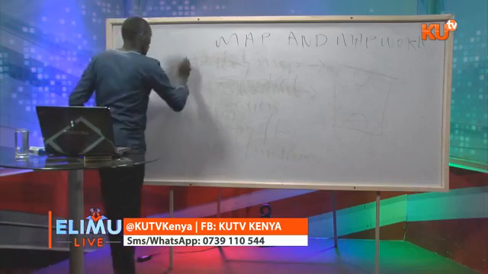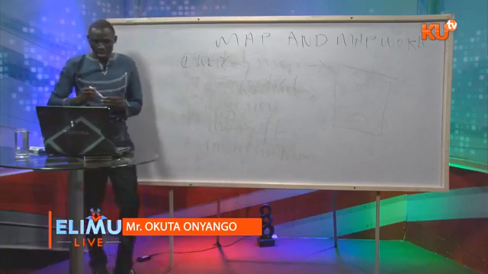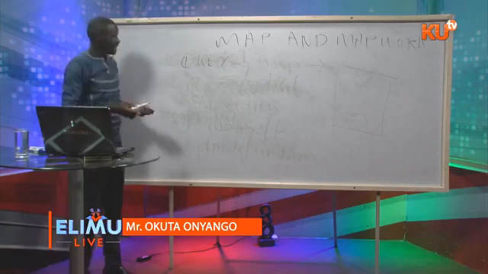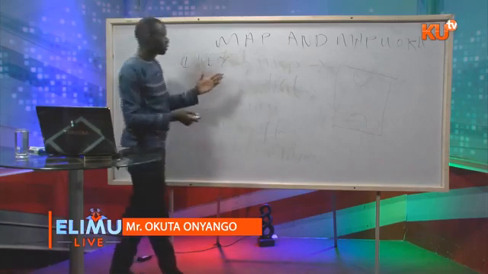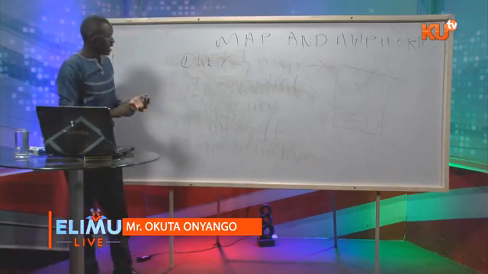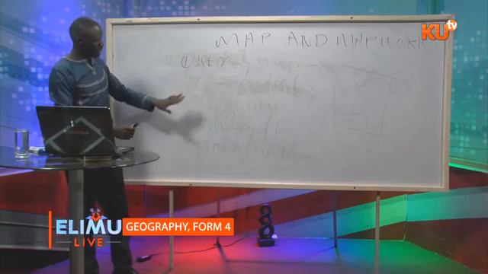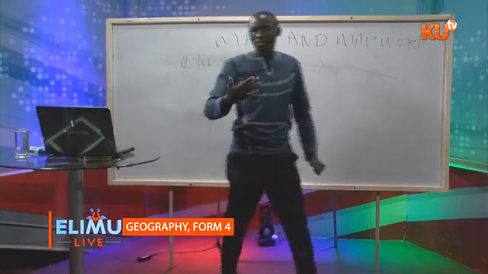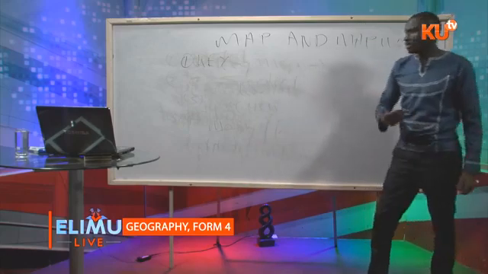So when we start with number 1, which is key, key is a list of symbols. It is a list of symbols that has been used to depict different physical features or the characteristics that has been observed on a map. So key carries the symbols, and these symbols are the ones that gives us the direction of what the cartographer means or insinuates.